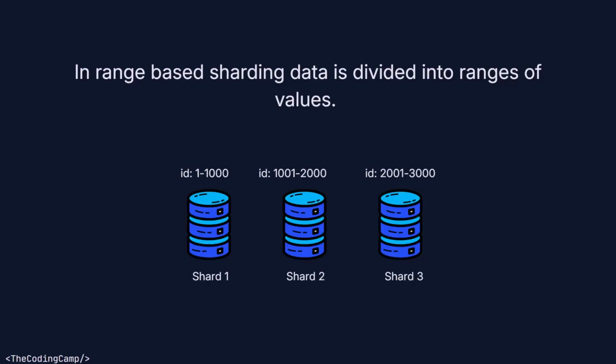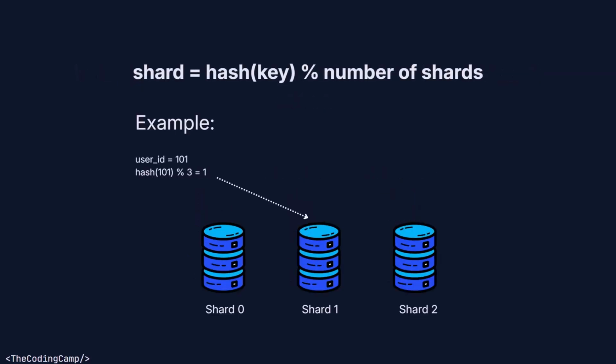The disadvantage is uneven distribution over time. Then, hash-based sharding, in which a hash function is applied to the shard key. Unlike range-based sharding, the advantage of hash-based sharding is even data distribution, but the disadvantage is inefficient range queries.